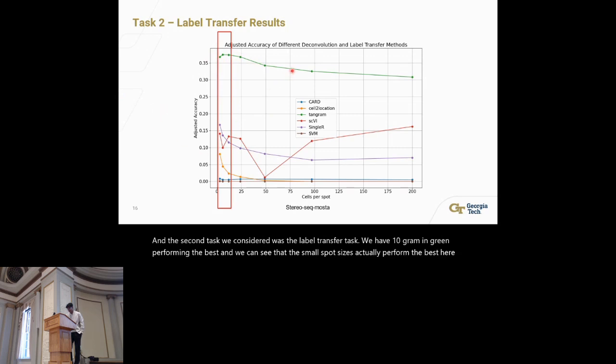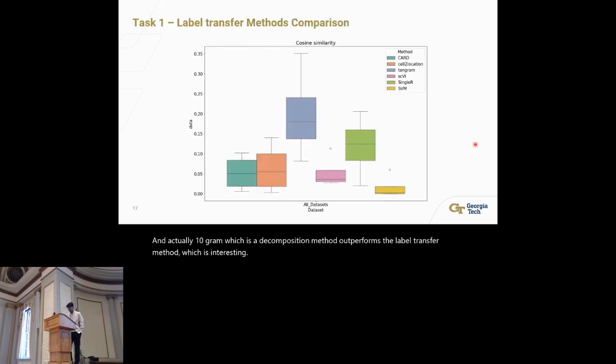And actually tangram, which is a deconvolution method, outperforms the label transfer method, which is interesting. So a comparison on all the methods, we have tangram in blue performing the best even for the label transfer task, and we have the single R coming in second place.